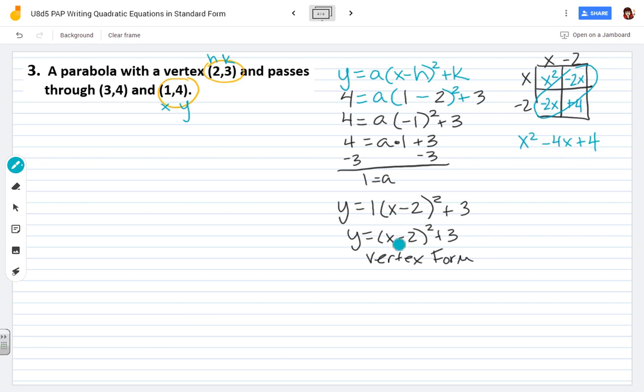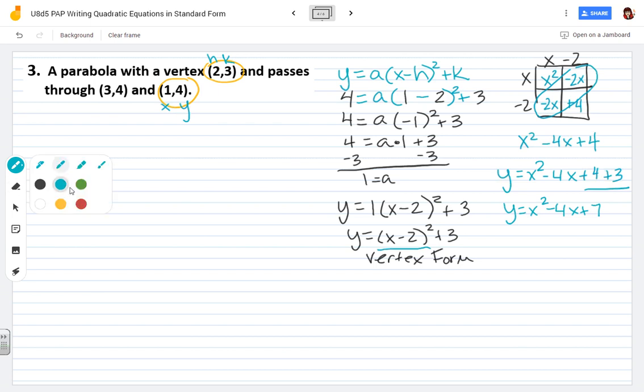I'm going to go ahead and replace this with that. I'm going to add the 3, combine like terms, and y is equal to x squared minus 4x plus 7. Okay, and that is, of course, standard form.